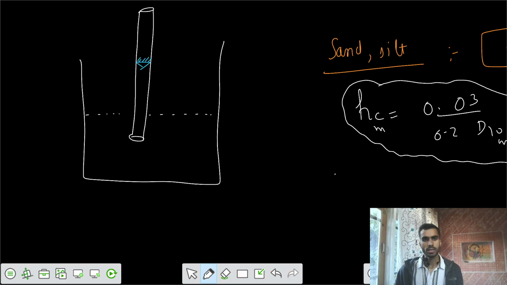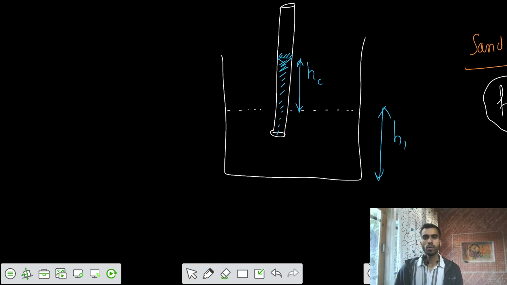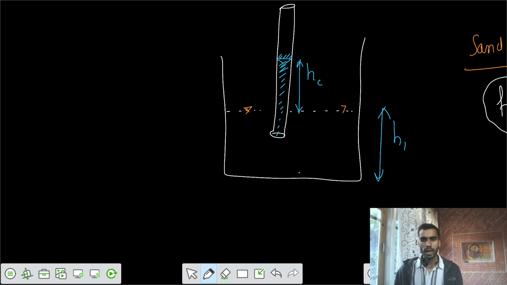The water level has reached up to this one, such that this is your height of HC, and this was your height of H1. Here at this surface, your pressure is atmospheric pressure.